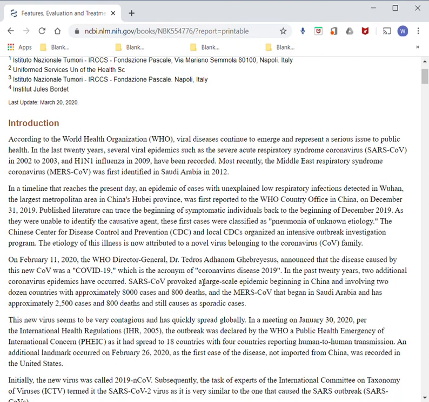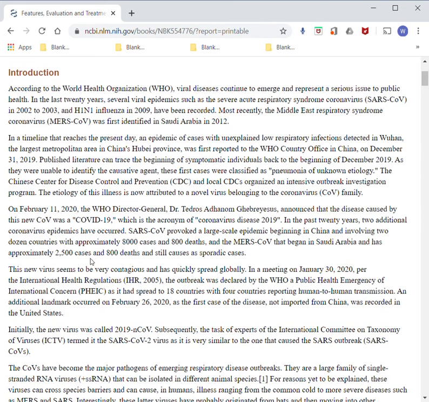Now, if we go down, it says, what is the full scientific name of COVID-19? So definitely I want you to read that, but I'm not going to be able to read all of it on the video. But we see here COVID-19. That's the first time we see that on here. So let's start at the beginning.